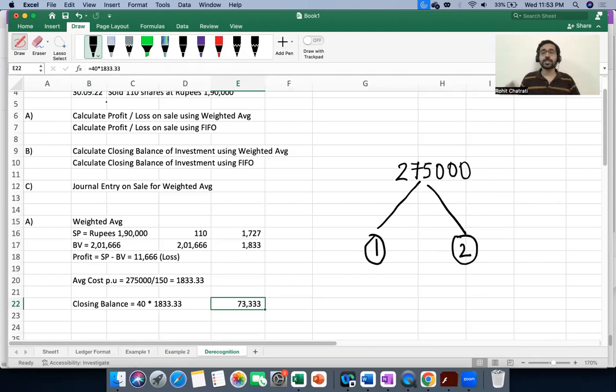The first part is the cost of investments that you have already sold off. You have sold certain investments. What was the acquisition cost of those investments?